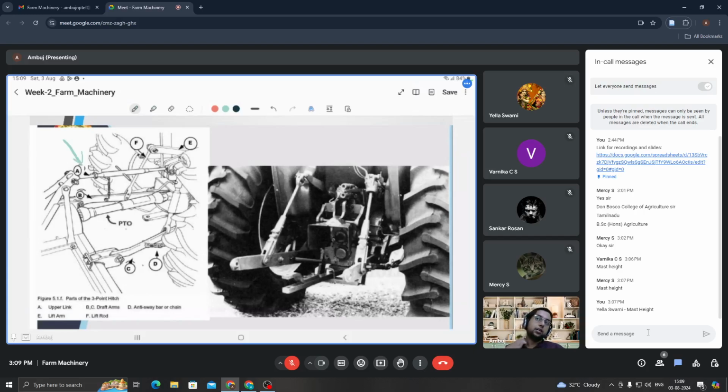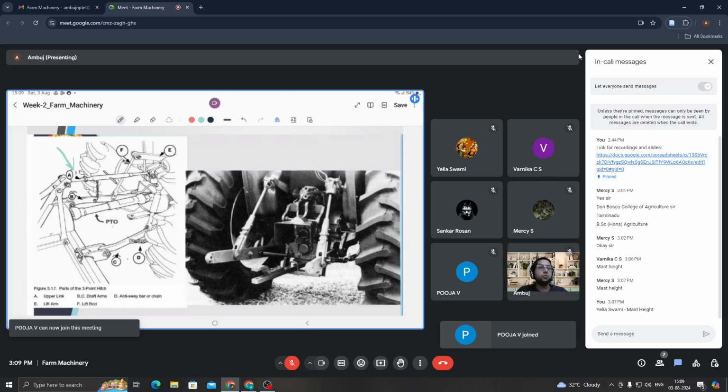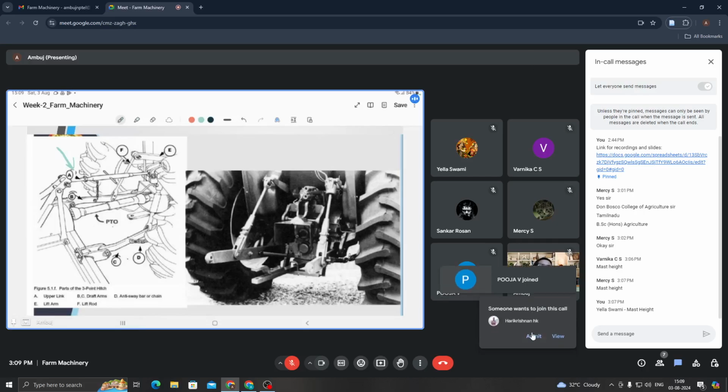A, this component is known as the upper link of the 3-point hitch system. B and C are the draft arms. Why are they known as draft arms? Because, as you already know, draft is the horizontal component of pull, so they pull the implement in the horizontal direction. That is why they are known as draft arms.